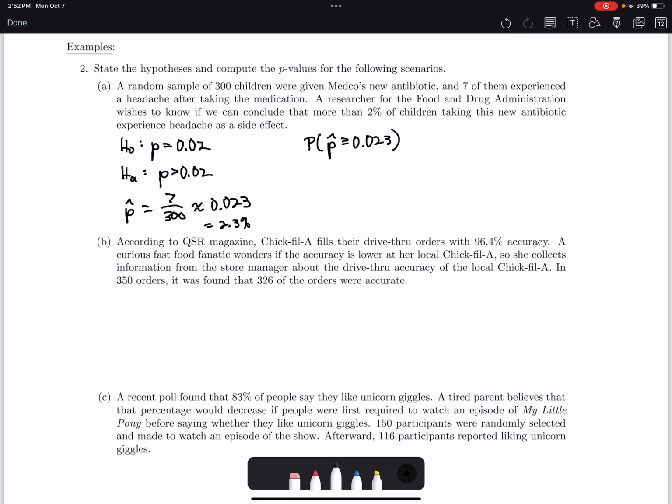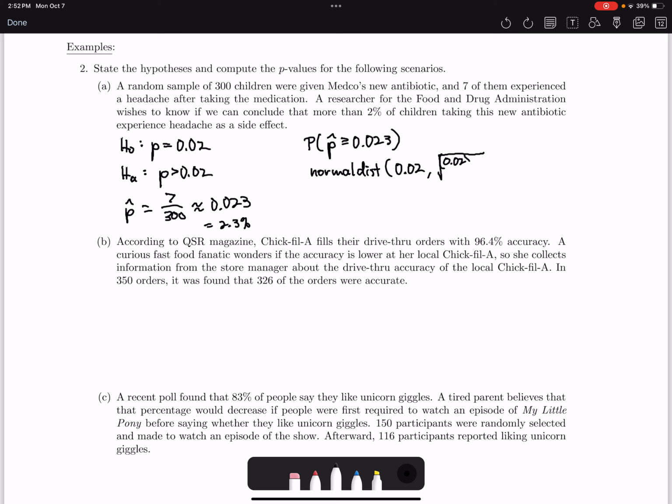And we're going to use, of course, the normal calculator to compute this probability, right? So we'll go to the normal dist. We're going to use a mean, assuming that the null hypothesis is true, so we're going to use a mean of 0.02. And we're going to use a standard deviation of square root of 0.02.